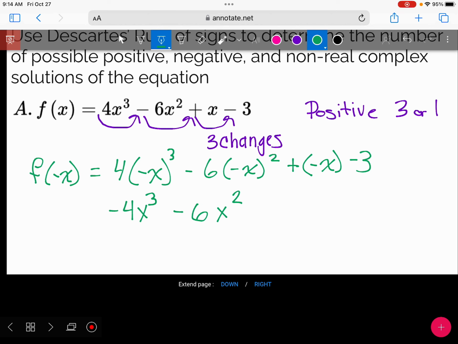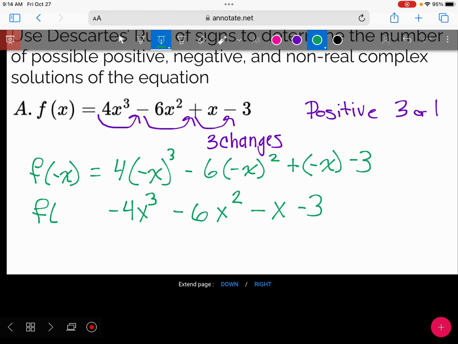The 6 is not included in the square. It's just the opposite of x that's being squared. So that negative 6 is still negative. Plus the opposite of x, minus x, and minus 3 doesn't change.